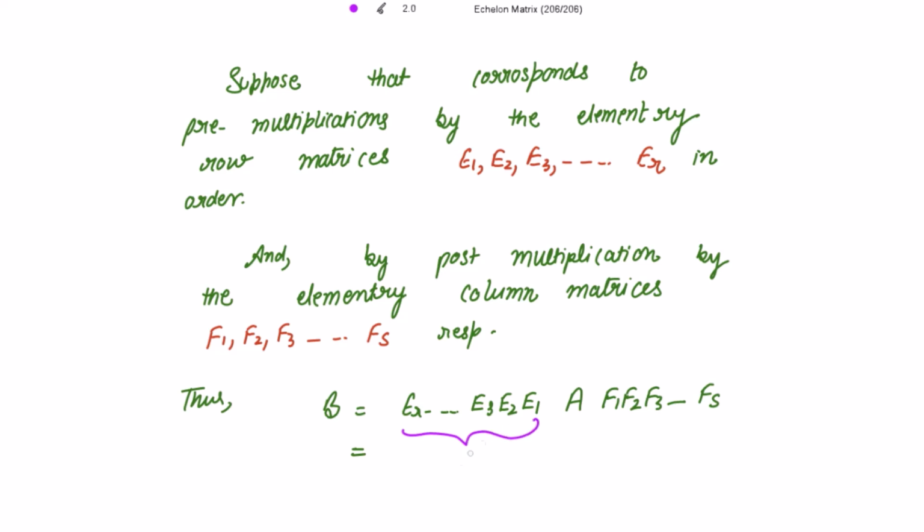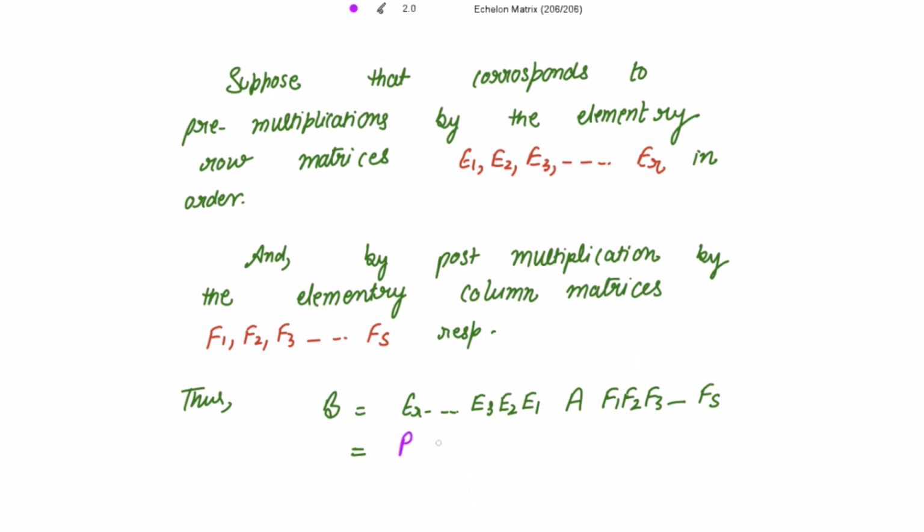Let me name this P. Let me name this Q. Now the nature of the elementary matrices is non-singular, and because P is taken to be the product of all these matrices E1, E2 up to Er, P is also non-singular. And because Q is taken to be the product of all these elementary matrices F1, F2, F3, and these are non-singular in nature, Q is also non-singular.